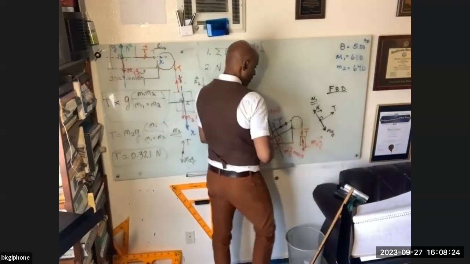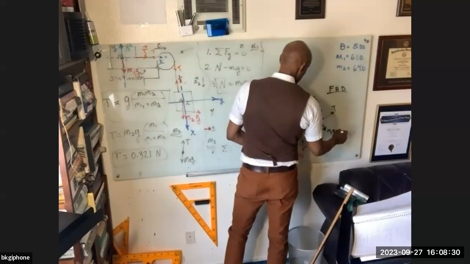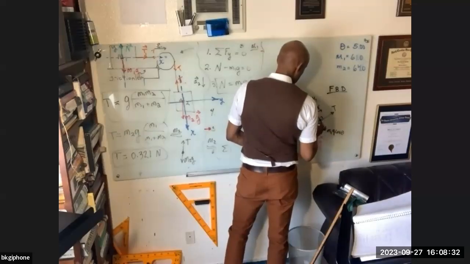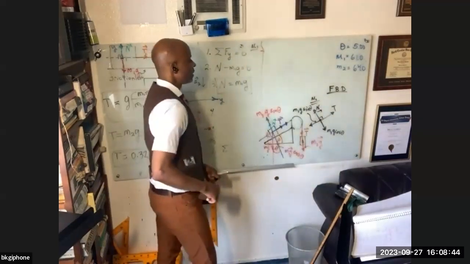That's down the hill. So that's here though. So here, this is M1 G cosine of theta. And this guy is M1G sine of theta. Okay.